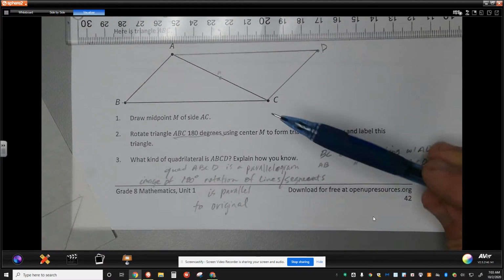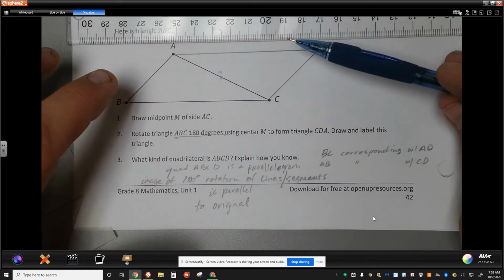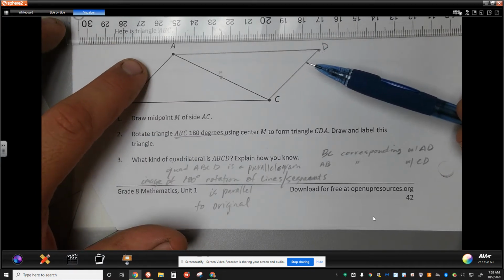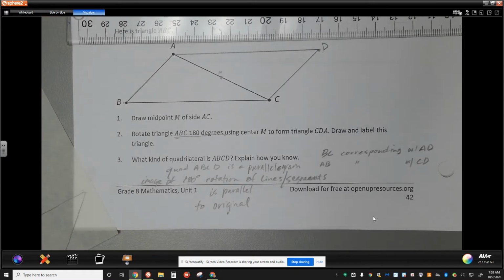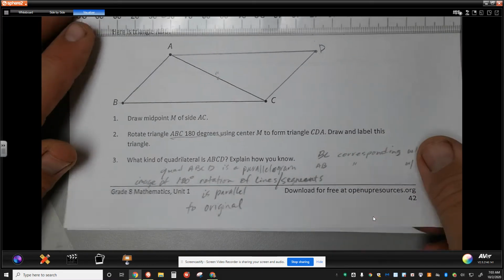So under that 180-degree rotation, corresponding sides AD and BC, and then AB and CD are definitely going to be parallel because of that 180-degree rotation.